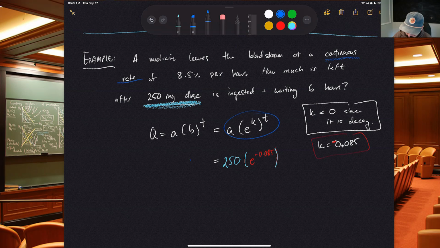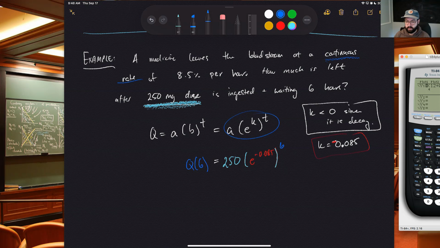We're looking for the value after 6 hours, so that's going to be all to the 6th power. And so we can calculate that. Let's pull up this guy here.